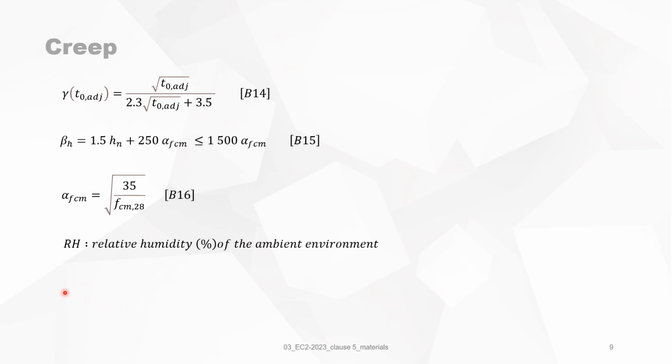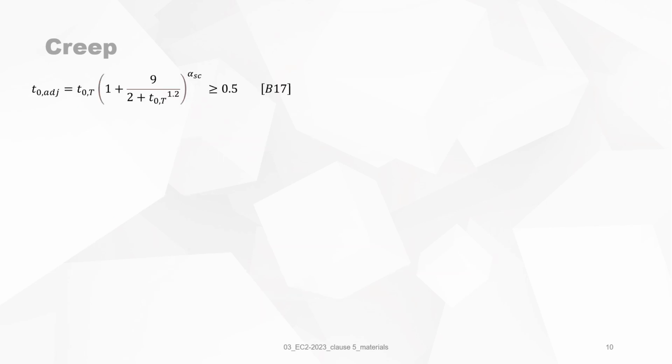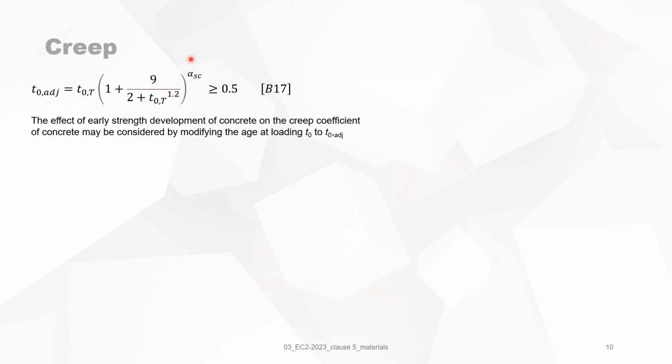We set RH is relative humidity, U perimeter of structural member, and T0 is a non-adjusted duration of loading in days. T0 adjusted is the adjusted age at loading in days, and we can calculate it according to this formula.